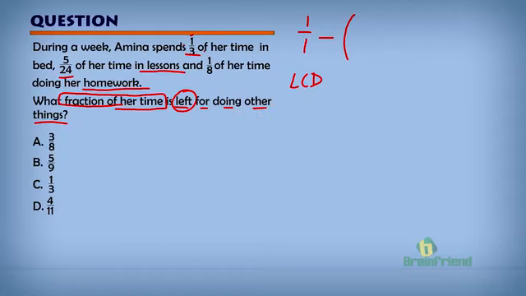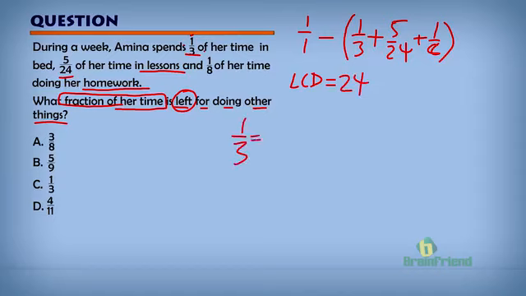So 1 is our whole. We add up all the fractions of the time that she spent: 1 over 3 plus 5 over 24 plus 1 over 8. We'll find the LCD to be 24. Let's convert 1 over 3 to a fraction that has denominator 24. Find a number that we multiply 3 by to give us 24. That number is 8.